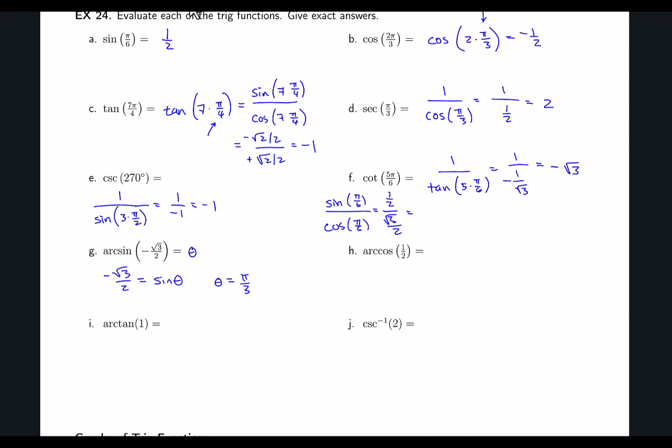Now, there is a restriction on arcsine to where the measures are supposed to be in quadrant 1 or quadrant 4. So technically, we should answer with the quadrant 4 angle of -pi over 3, but perhaps the more useful angle is going to be the one that rotates not negatively, but positively, and that would be the angle that's coterminal with this.